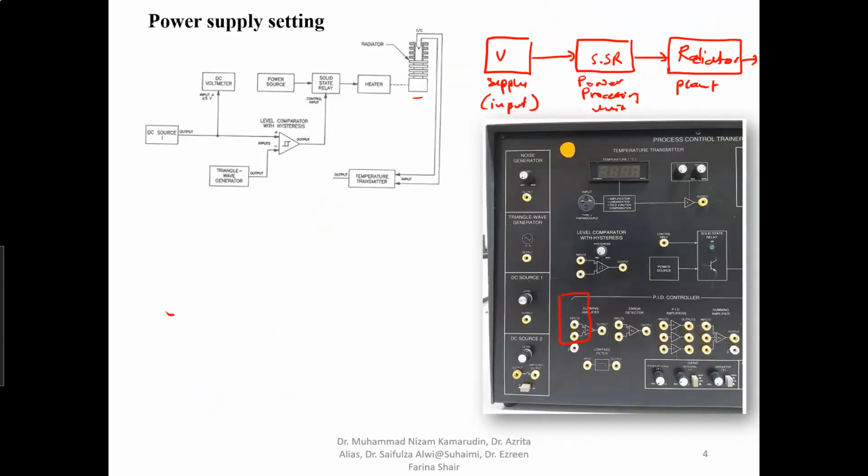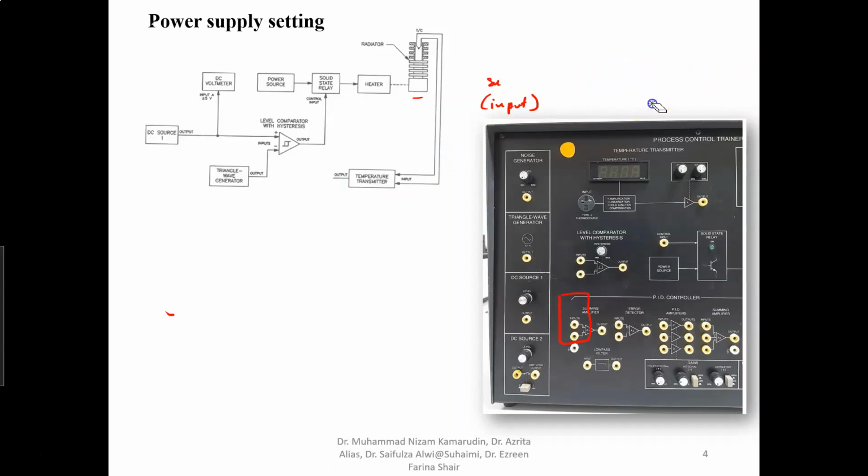Okay, we then go back to slide 4. In slide 4, I want to focus on the power supply to the radiator. If you notice from this figure, we have the solid state relay, we have a source, and we have a control input.